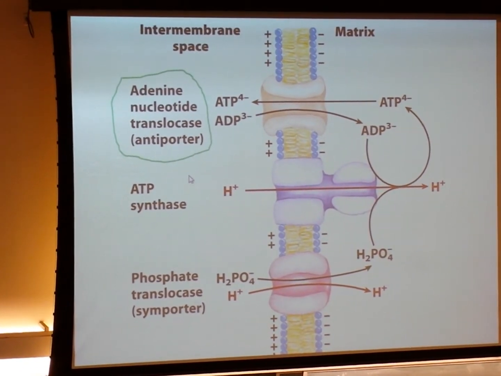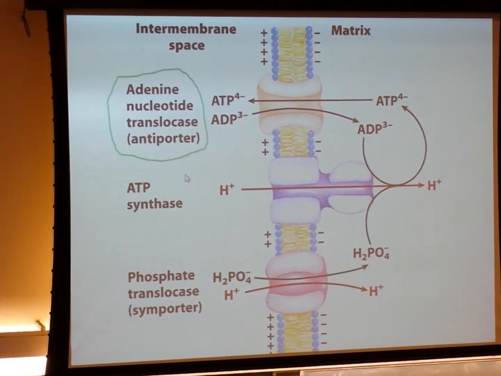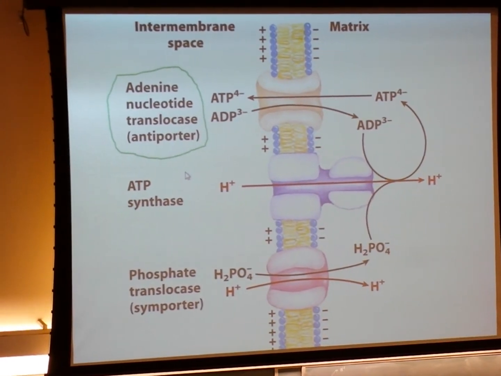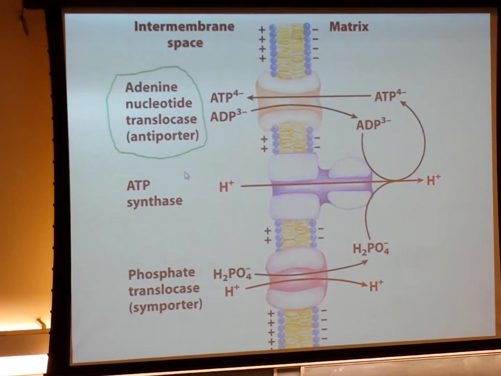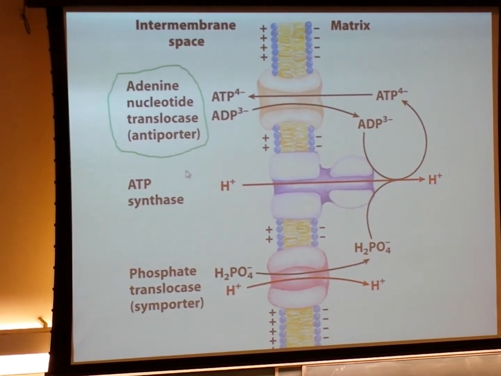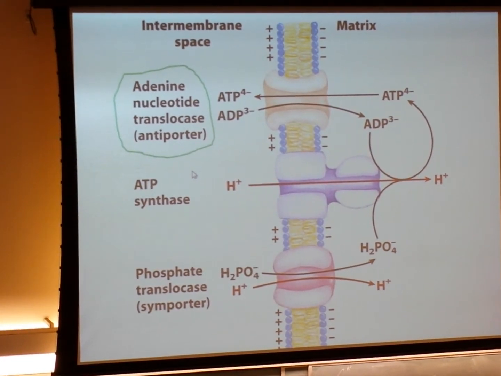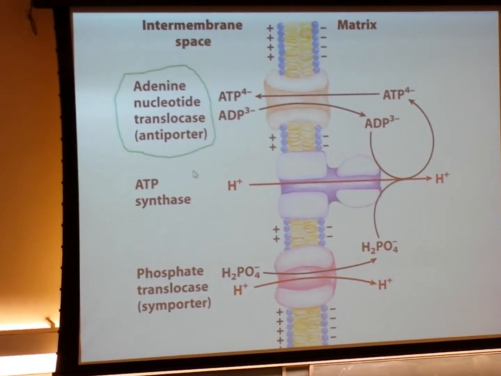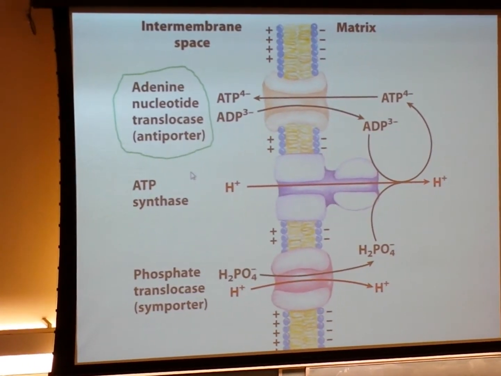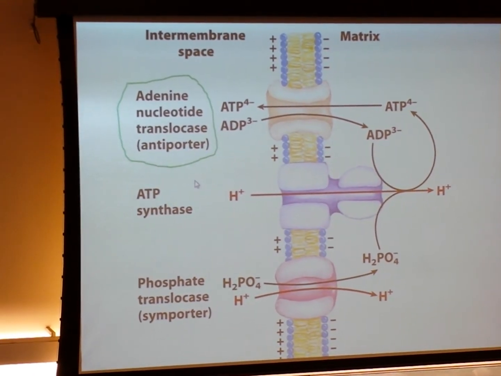Yes, I would like you to know this one, okay? This protein is very specific. It will let one ATP out only if one ADP crosses at the same time going in the opposite direction. So this is an antiporter. One guy goes out, one guy comes in. Just like the transport of carnitine across the membrane in the mitochondria.